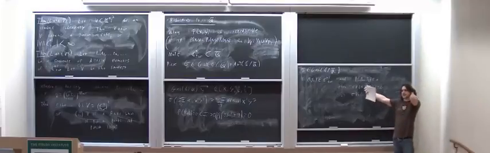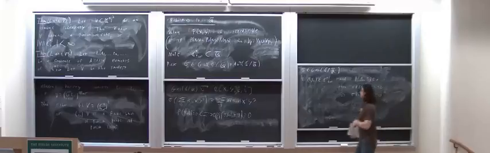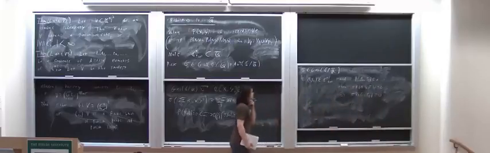Right? Because sigma fixes zeta 1 and zeta 2, it in fact fixes all of Q bar. Okay? That's sort of the point.